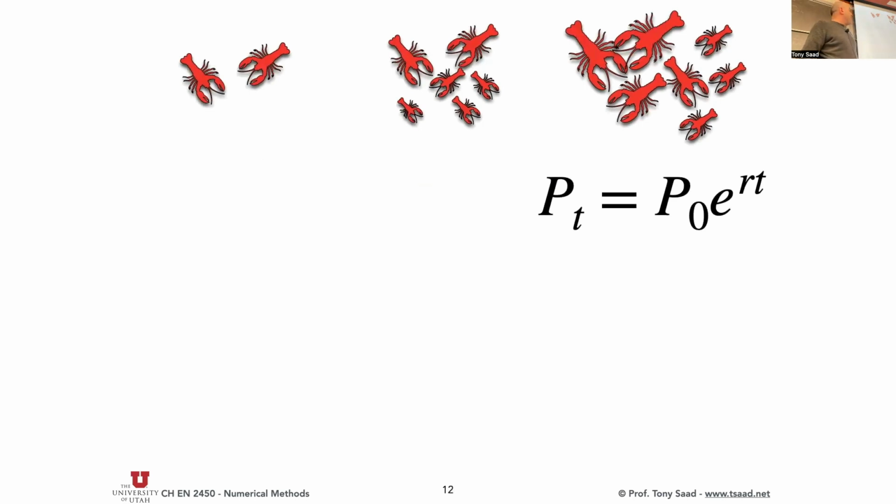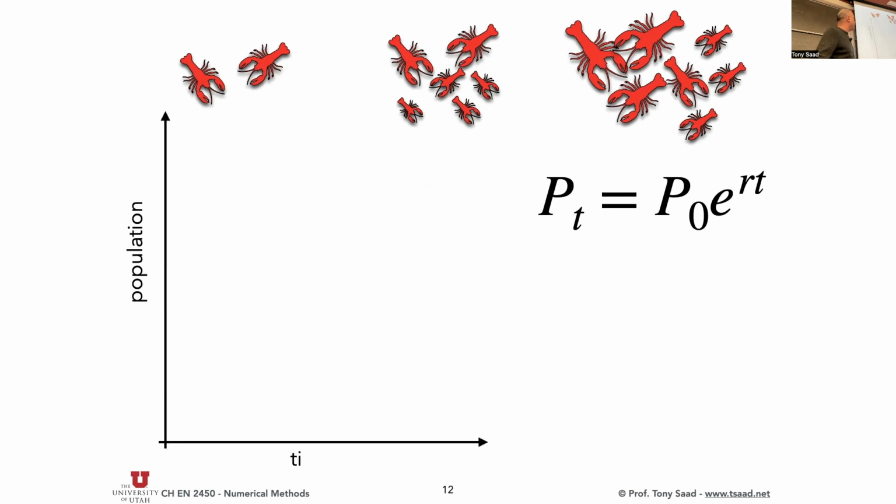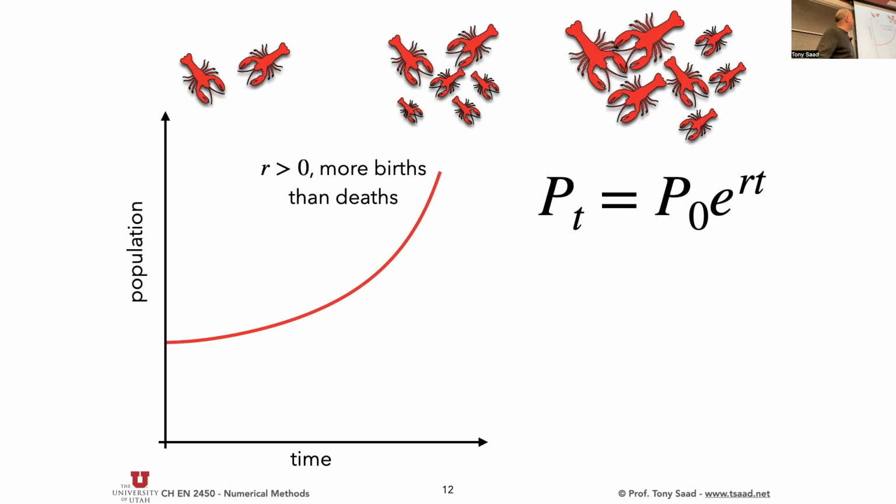Now when you look at this population, after T days have passed, you've got P naught e to the rt, and that formula tells you what happens to the population. If r is positive, then that population is going to grow exponentially, because you have more birth than death, or they're not being eaten as fast as they're being born.